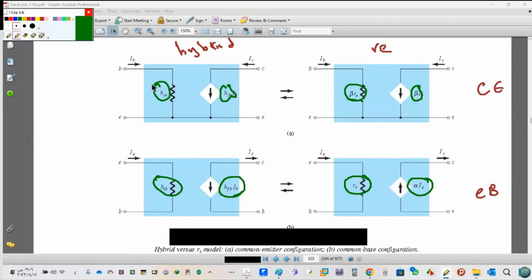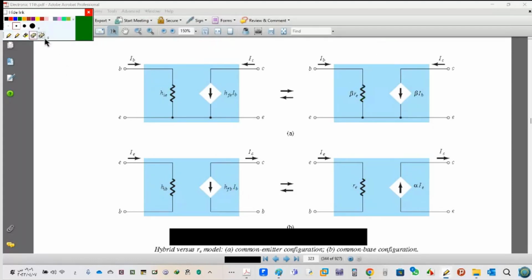HFB equals minus alpha IE. So this is IE. Correct this. In your book we have a mistake. This is because here HFB is with input, and the input here is IE. So this is IE. If you have the book, correct this one.